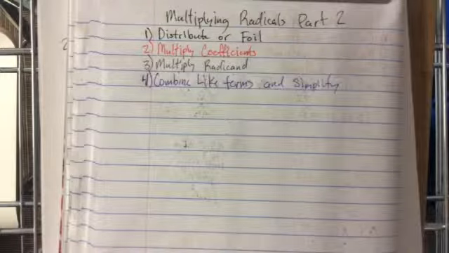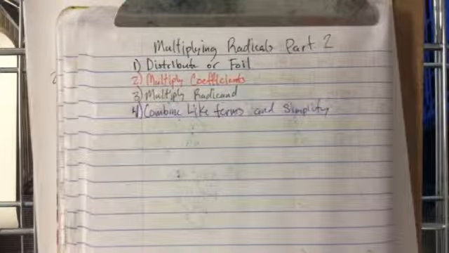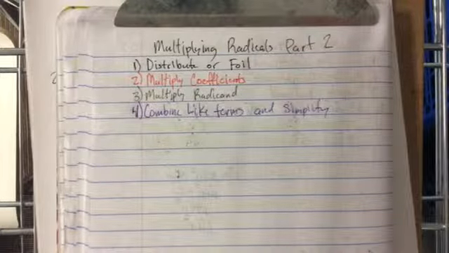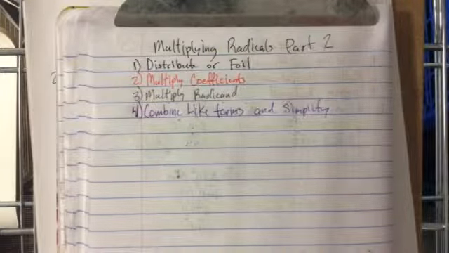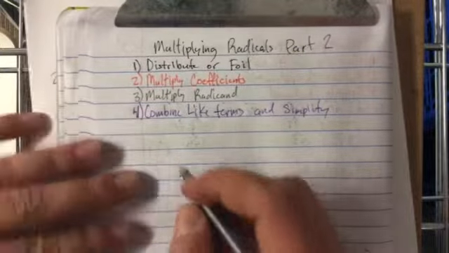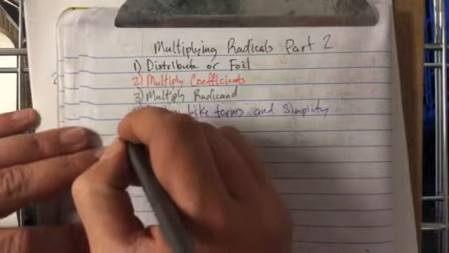So we're distributing or FOILing, multiplying our coefficients, multiplying what's in the radicands, and combining our like terms and simplifying. So let's take a look at a couple of examples of distributing for some review from yesterday.